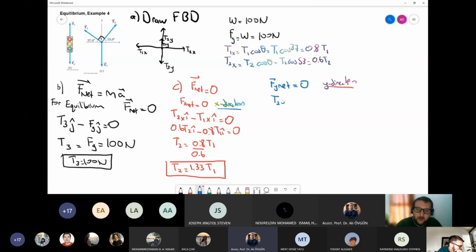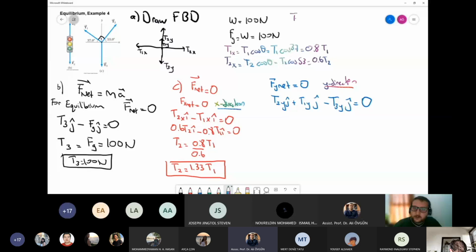T2y j hat plus T1y j hat minus T3y j hat equals 0. So what are these quantities? Let's look here and calculate them.